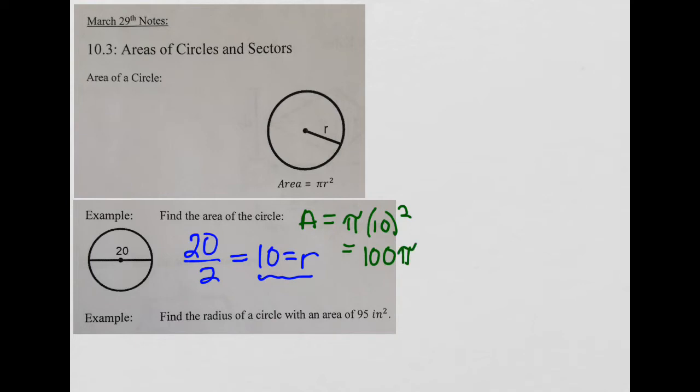So if we use our calculator and use the pi button, we get 314.15926. And let's just round that to one decimal place. So the area is 314.2 units squared.